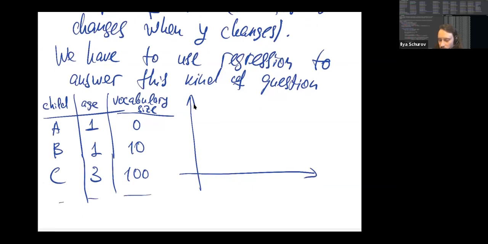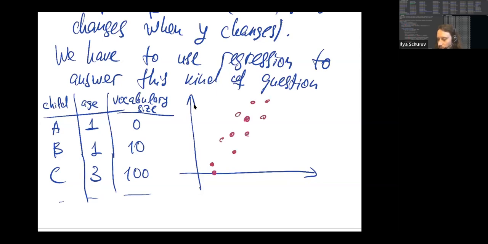So we will get some data set. Probably it will look like this one.